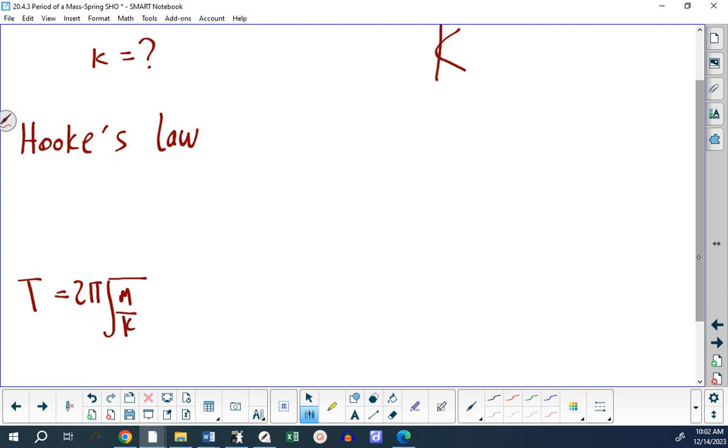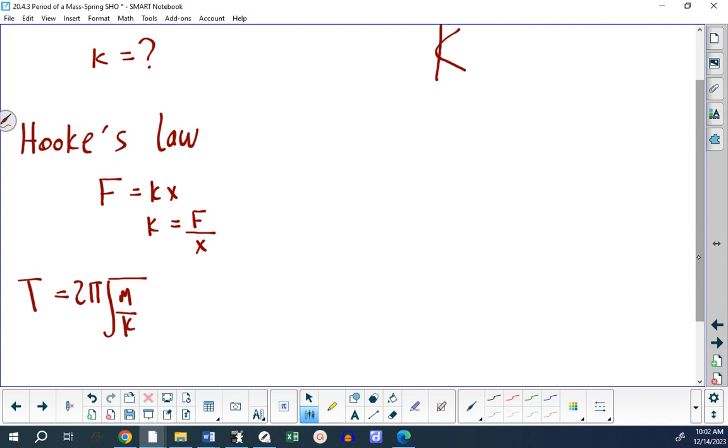I have already measured the length of this spring hanging from the ceiling, from the top of this ring, where the top of the spring starts, to the bottom of this hook. So whatever distance I measure, I'm going to be doing a Hooke's law calculation, which means the force equals kx, or k equals the force over x.